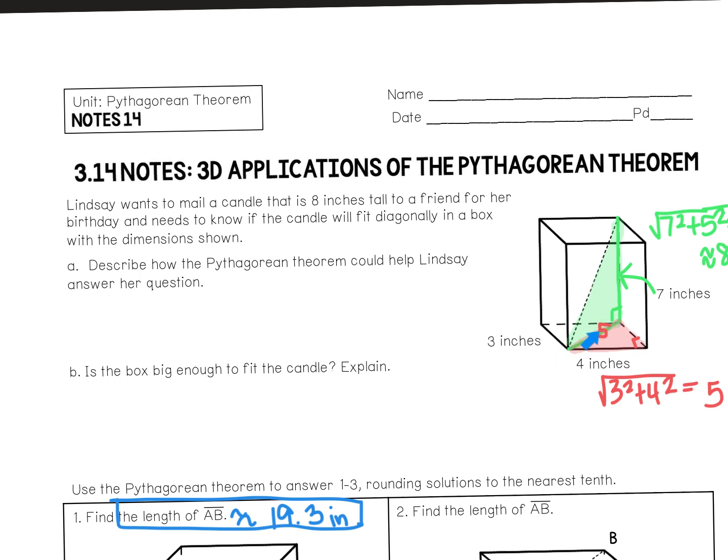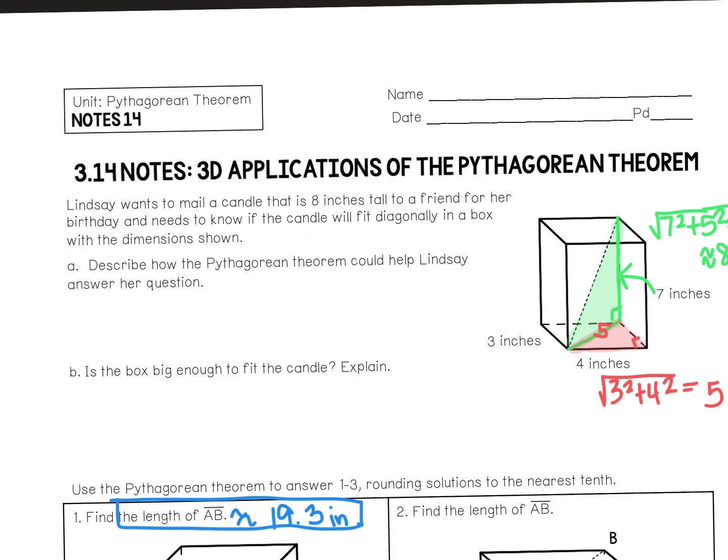And so we have to find this diagonal first in order to find the space diagonal there. So finding the diagonal across the bottom of the box, then I have a leg and this leg to find the hypotenuse for that box. So we're going to look at some examples for that.